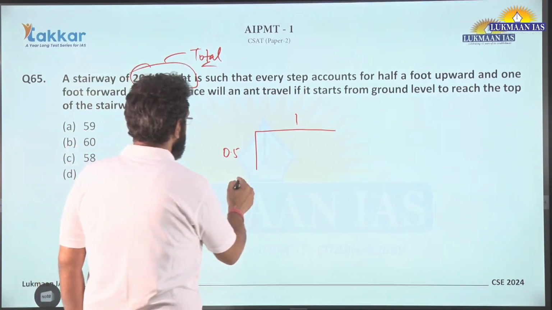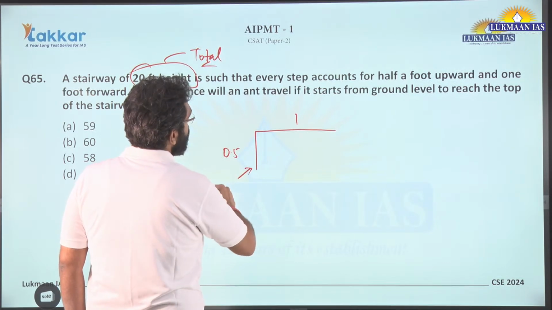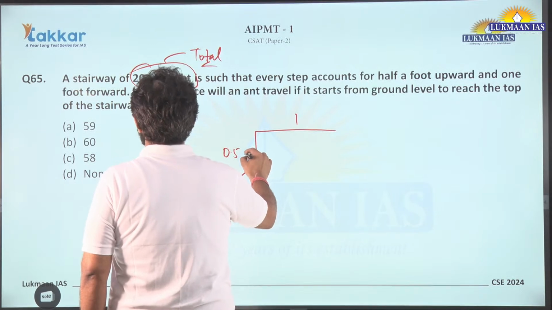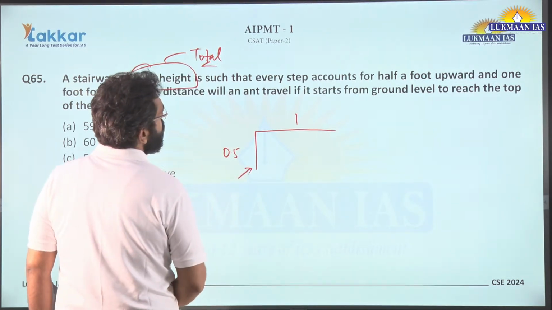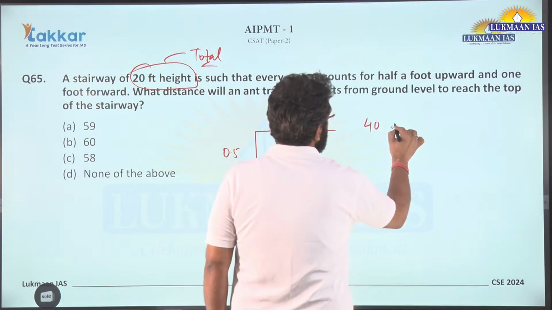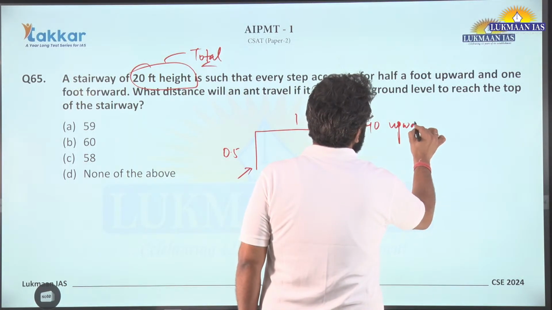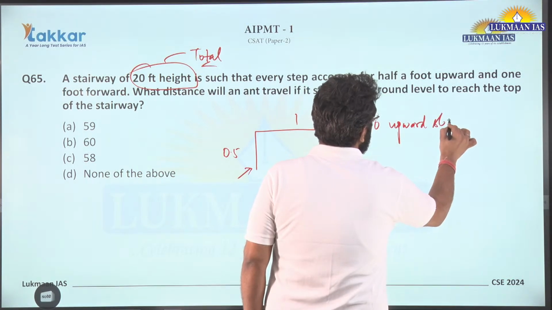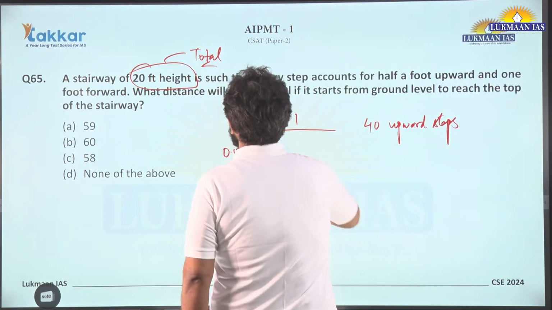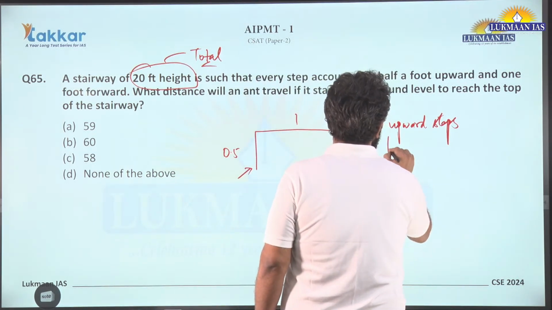So if the ant starts from here, it will need at least 40 upward steps to cover the height of 20 feet.